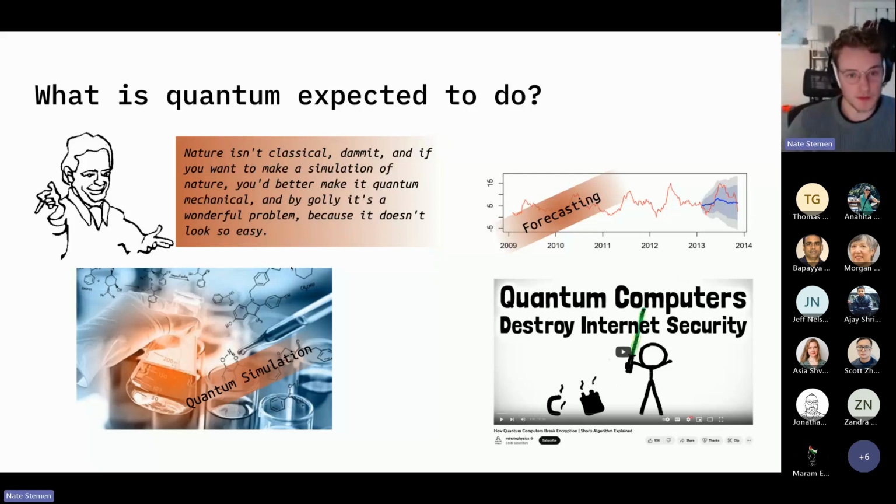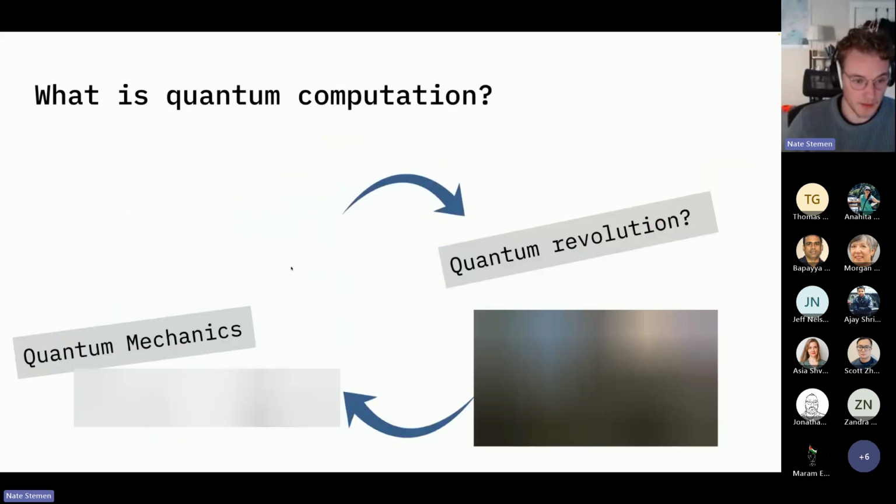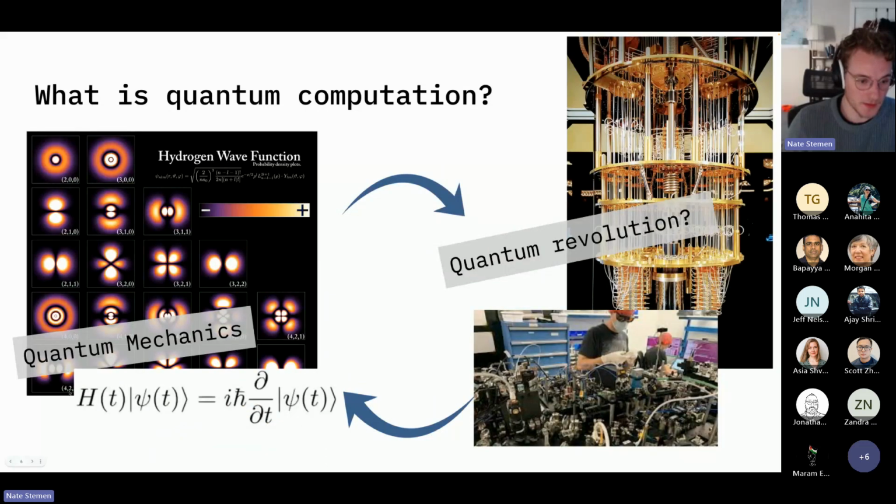If you want to do a simulation of some sort of quantum mechanical system, I showed earlier on one of these slides, this is the Schrodinger equation, and it's a partial differential equation. And for real systems, it's a nonlinear partial differential equation.